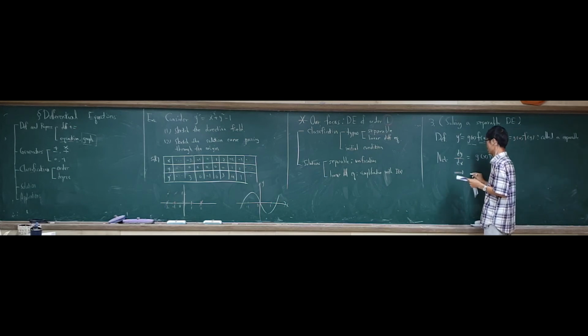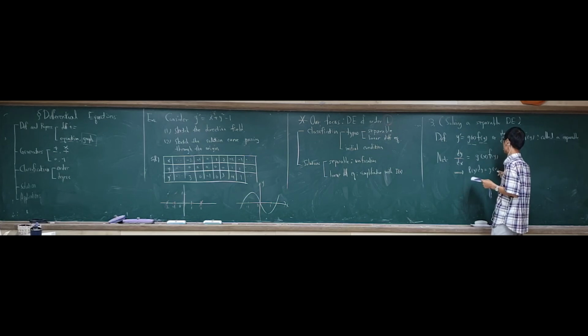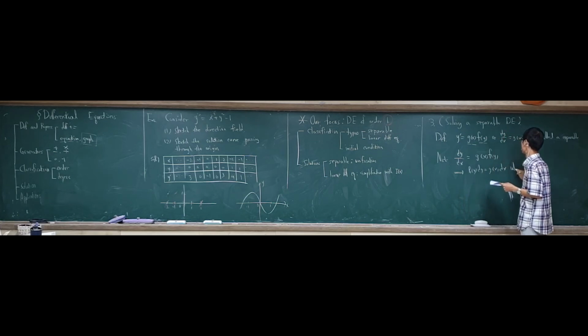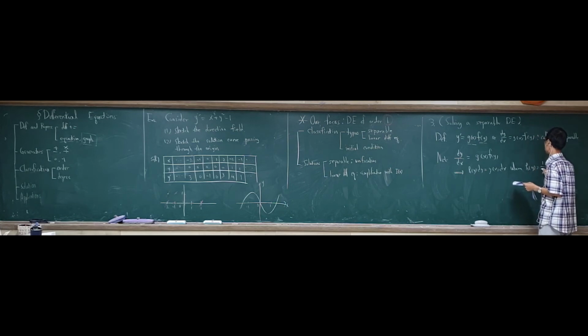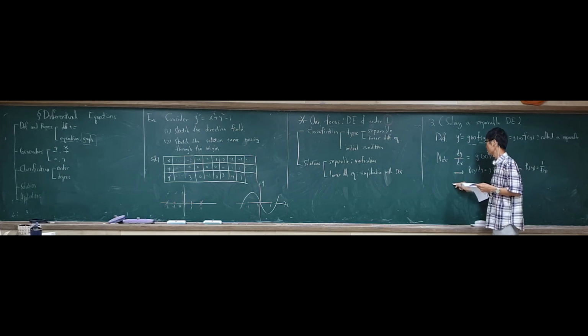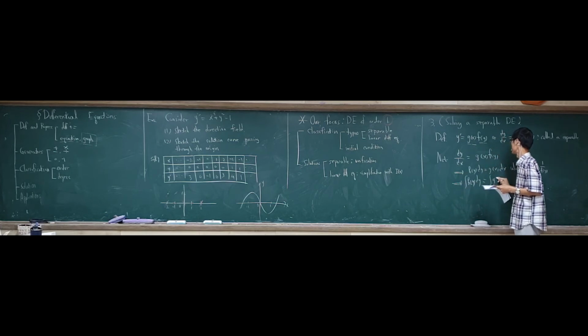Then we can see that h(y) dy is equal to g(x) dx, where h(y) is 1 over f(y). And by integrating both sides, we can get a solution for such a kind of differential equation.